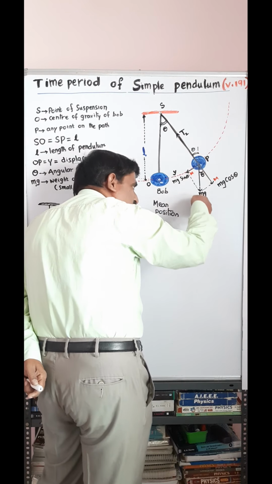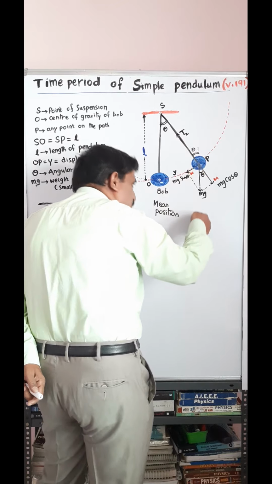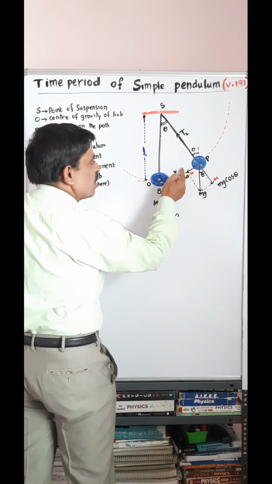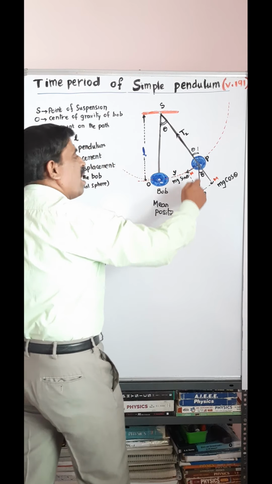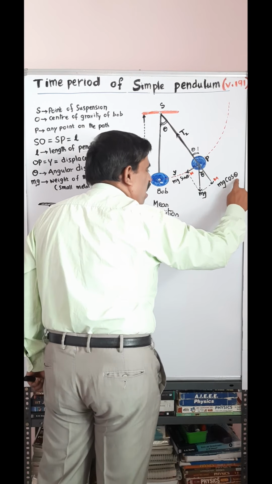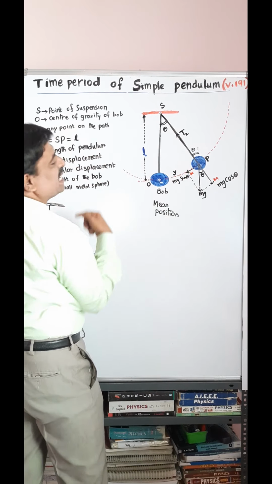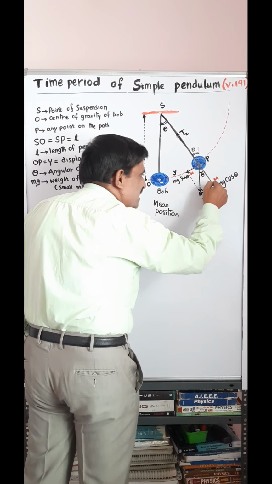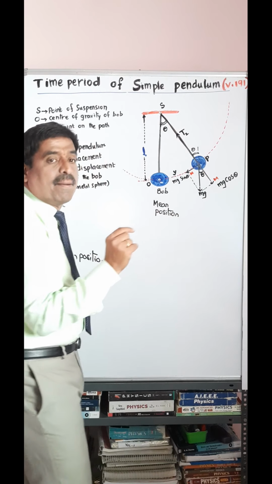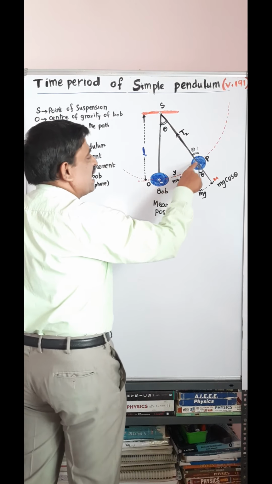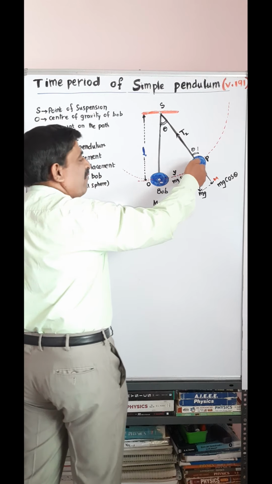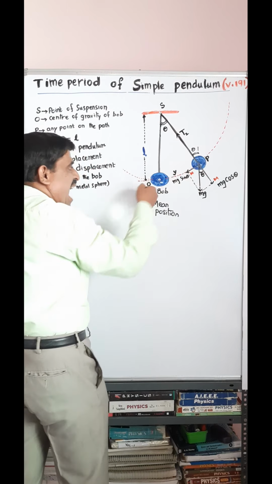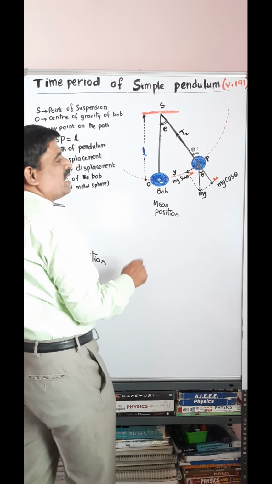This weight of the bob is divided into two perpendicular components. One is mg cos theta, another is mg sin theta. For this angle, it is the adjacent side, so it is mg cos theta. The remaining component is mg sin theta, which is acting along the PO direction, along the tangent to this arc.